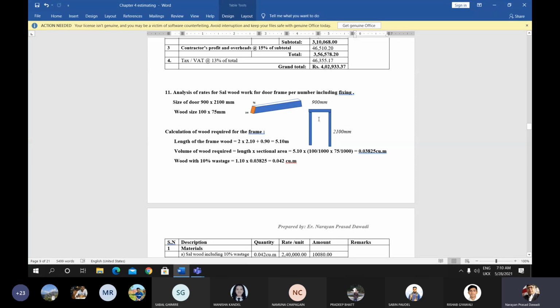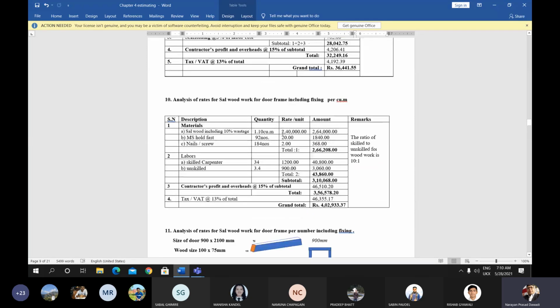This is the analysis of rates for solid wood for door and window frame, including fixing per cubic meter. That is, the frame is constructed and fixed on the wall by using the holdfast.